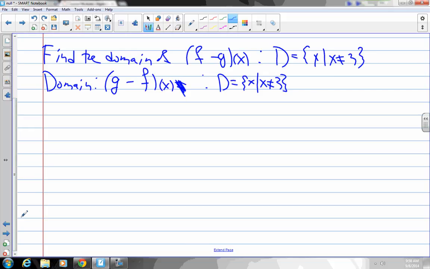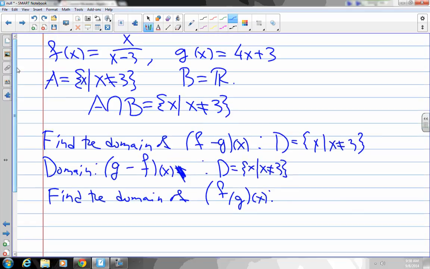So if I ask you to just find the domain, without even looking at the function, of f over g of x. The way we know to find the domain of the division is it's still going to be that intersection plus, what is my denominator function right now?